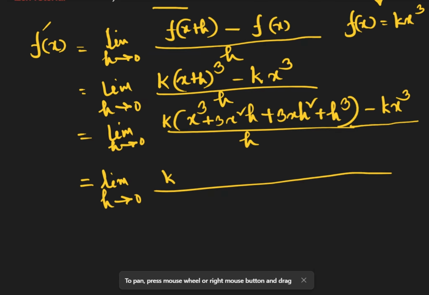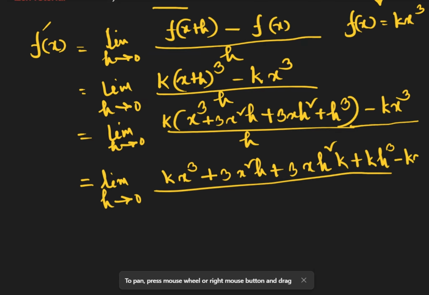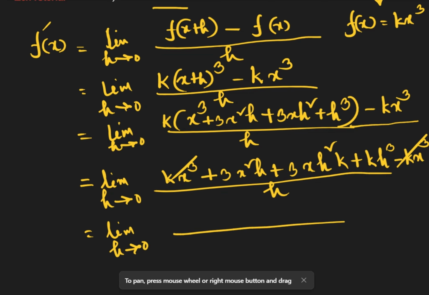So this will be kx cube plus 3kx square h plus 3kxh square plus kh cube minus kx cube. So this term cancels out. Now there is a common term, that is h.